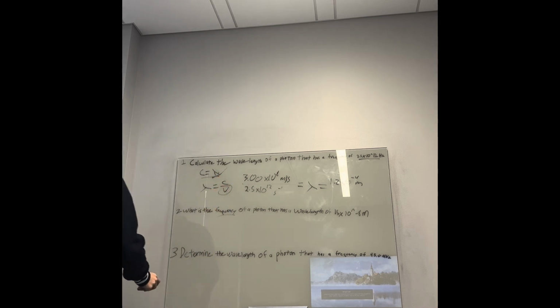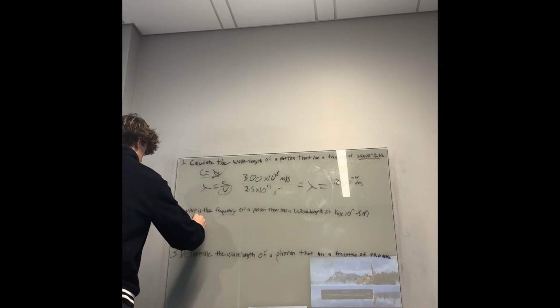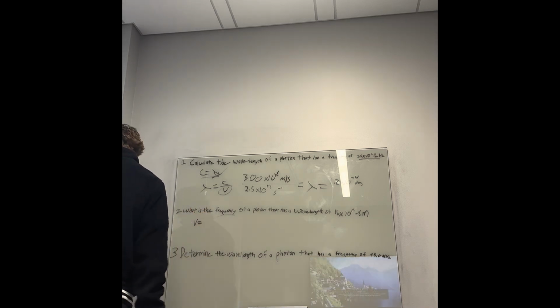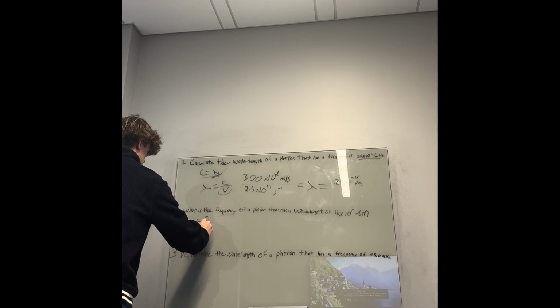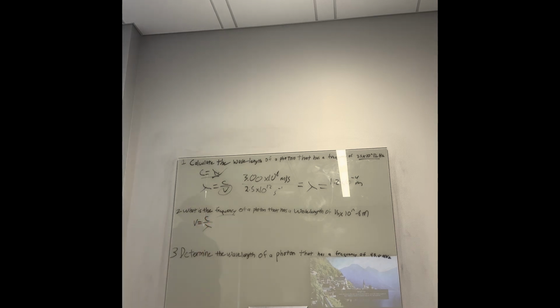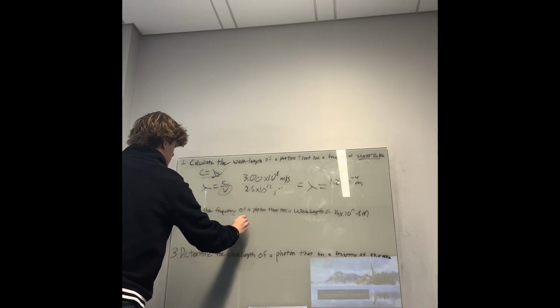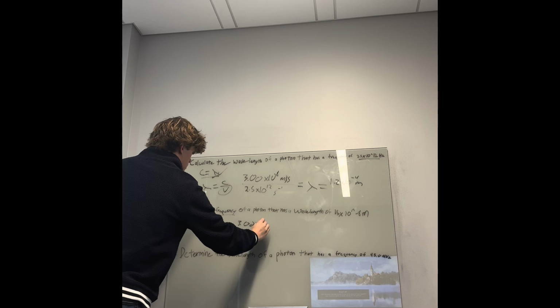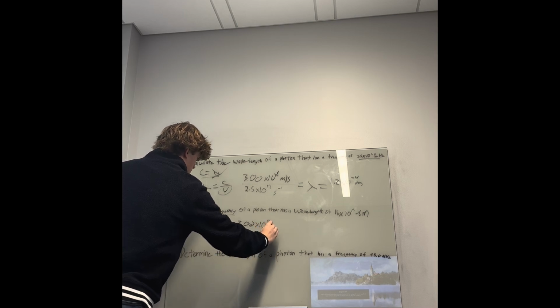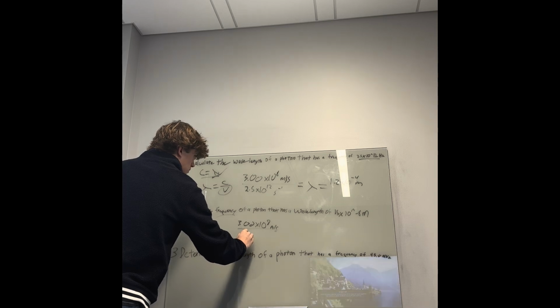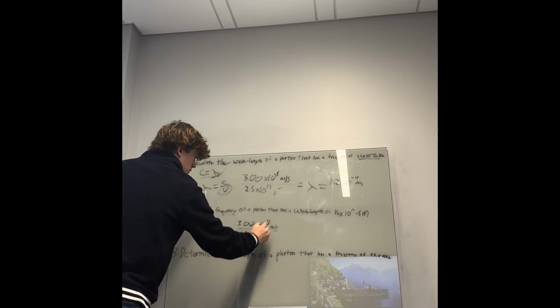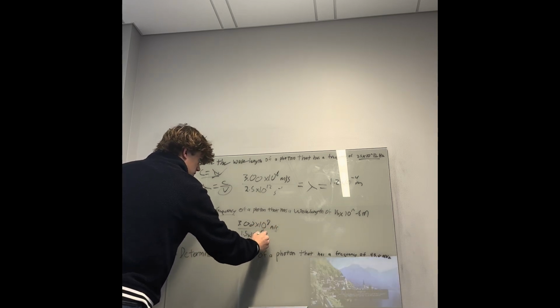So the frequency would be V is equal to C over the wavelength. So you would just take the 3.00 times 10 to the 8th meters per second over 1.5 times 10 to the negative 8.